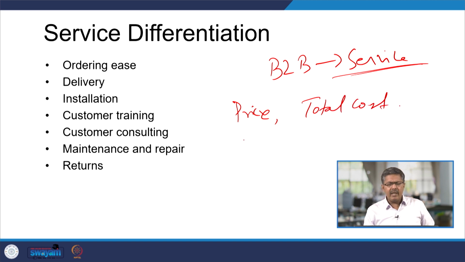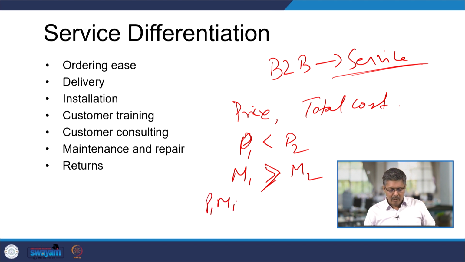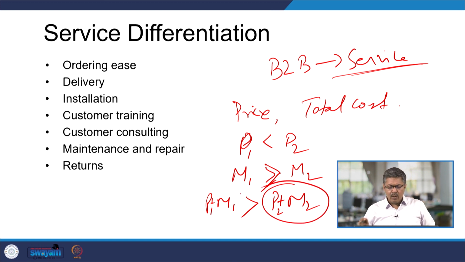If I buy at a price which is, let us say, P1, which is less than P2, but here the cost of maintenance and service, M1, is much higher than M2, so P1 plus M1 is higher than P2 plus M2, obviously the company would go for the other case.